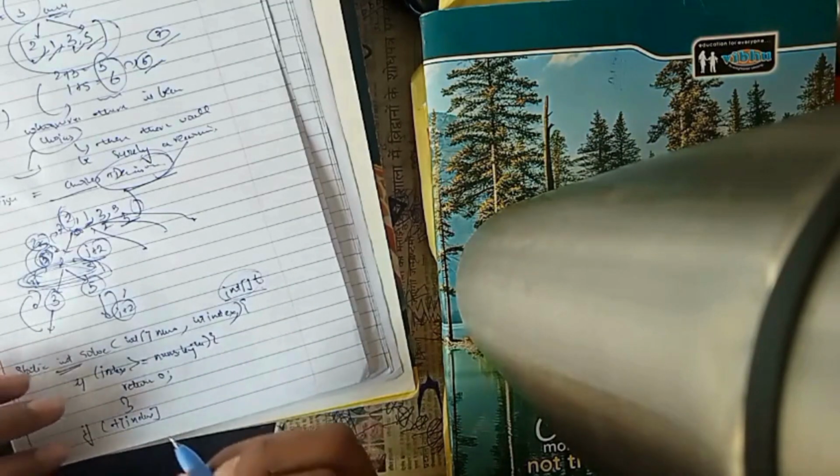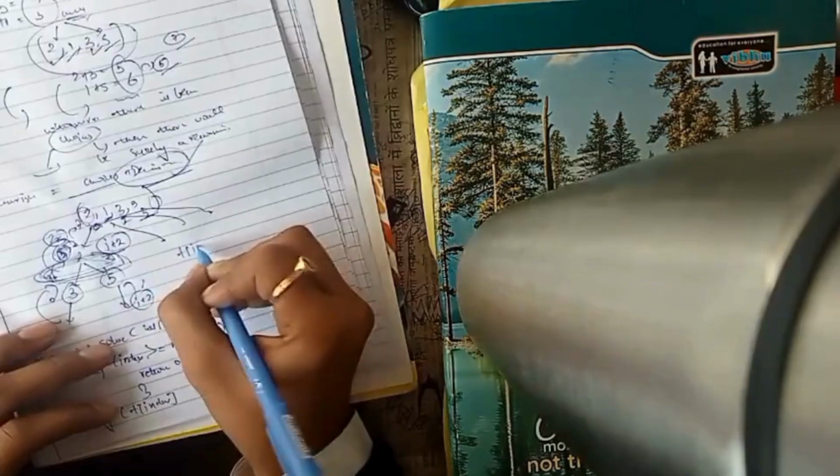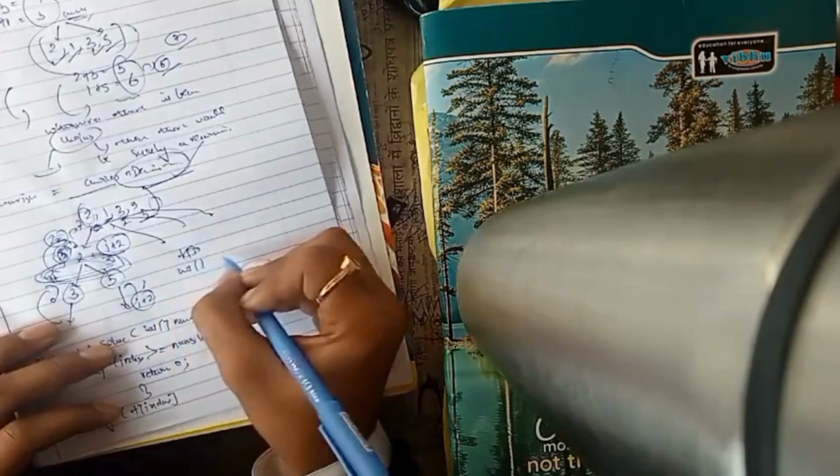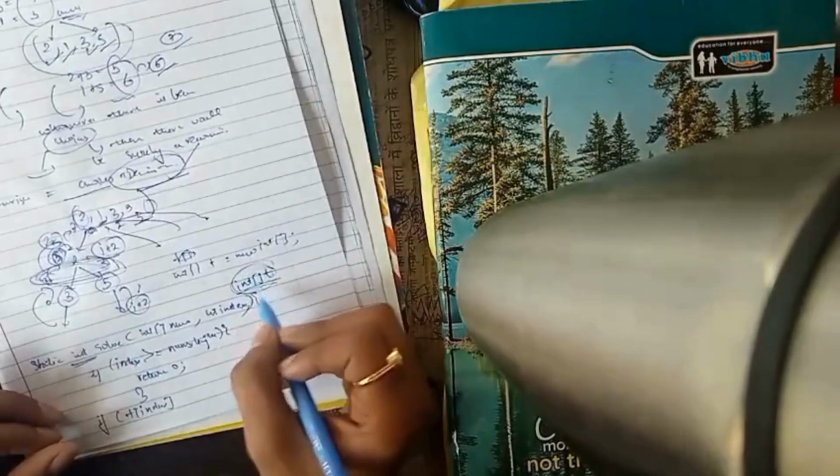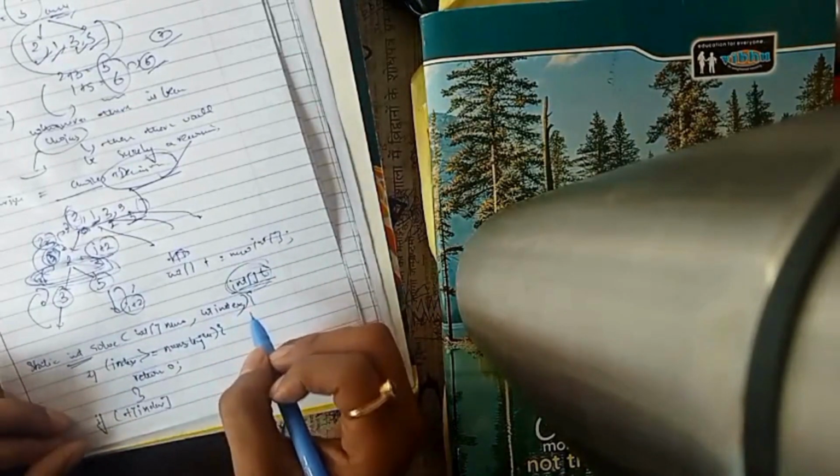So we create an integer array t equals new int in the main, and pass that t array to our recursion solution function.